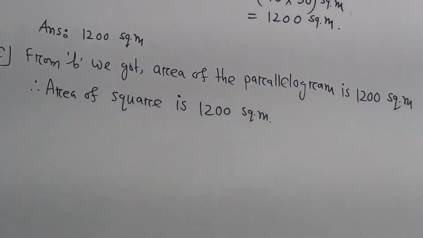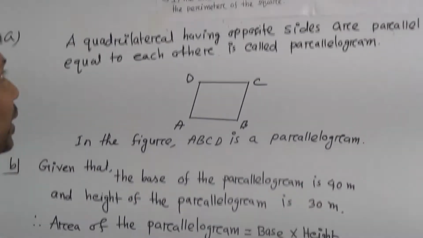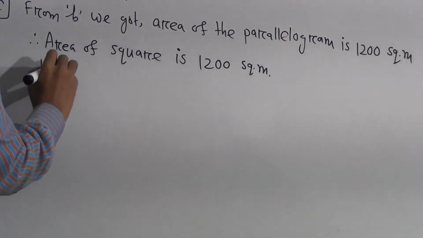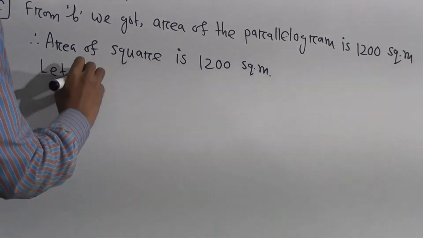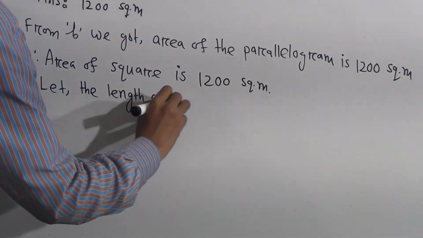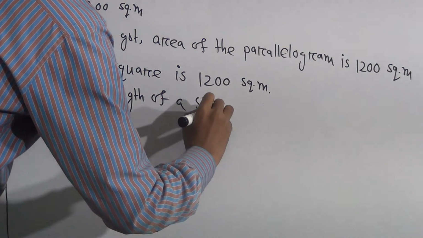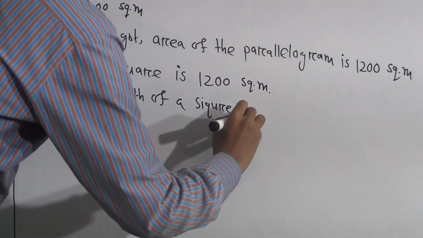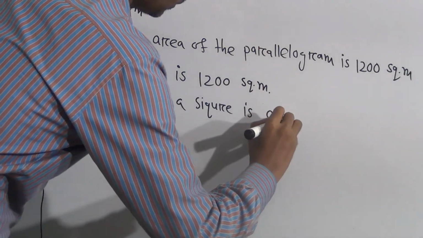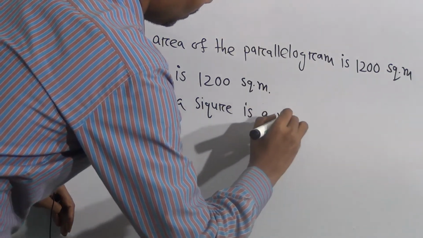Now you see question number C. You have to find the perimeter of the square. Okay, look, let the length of a side of the square be a meter.